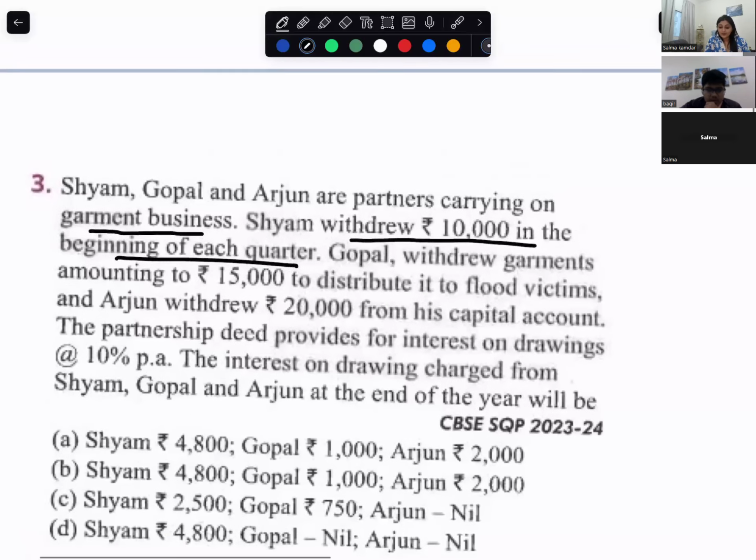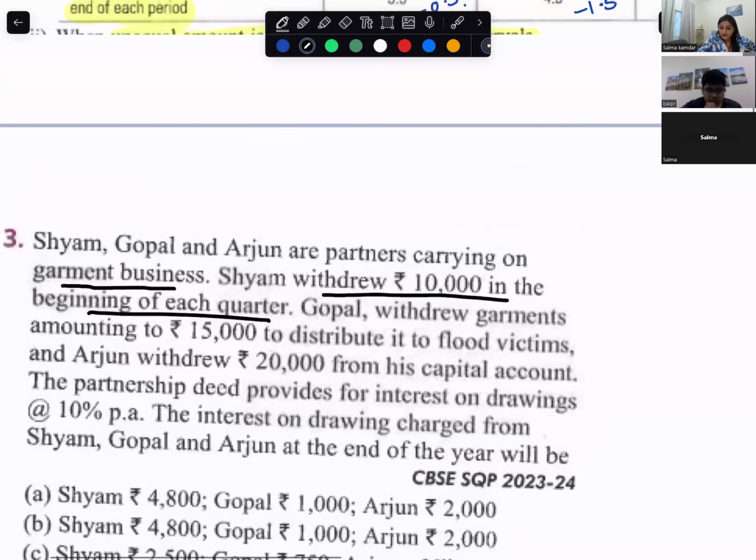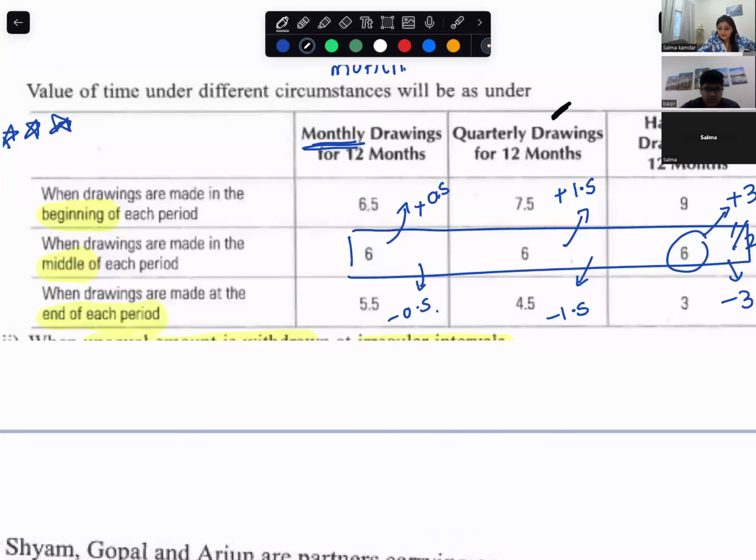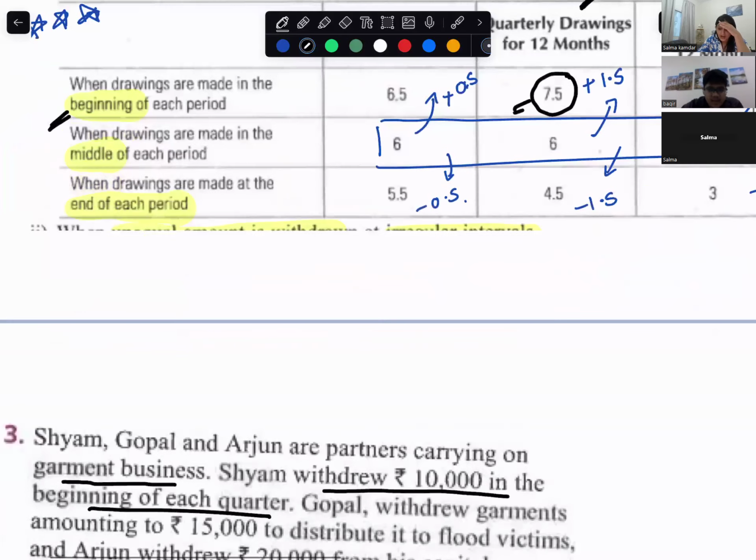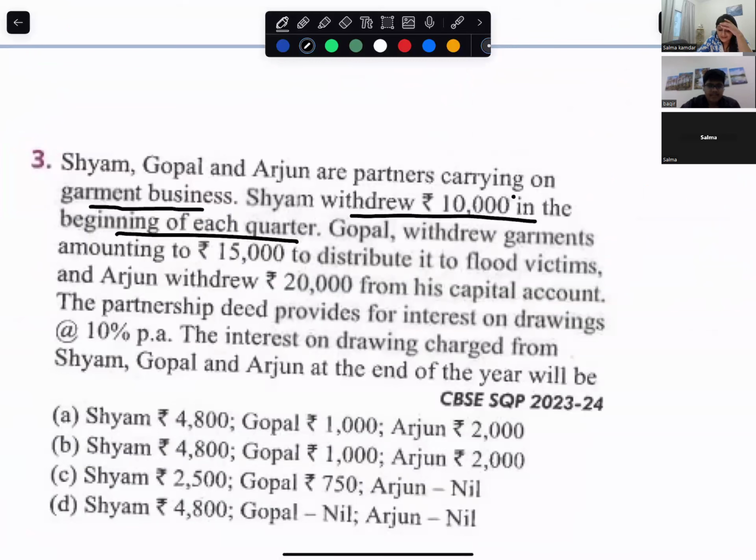So when I talk about quarter, at the beginning of each quarter is how much? 7.5. Okay. So Shyam withdrew 10,000, fixed amount, fixed time period.